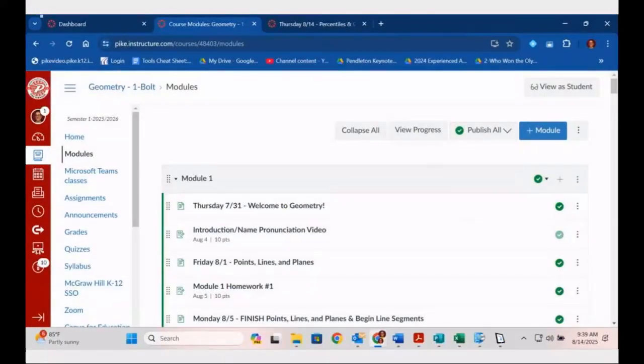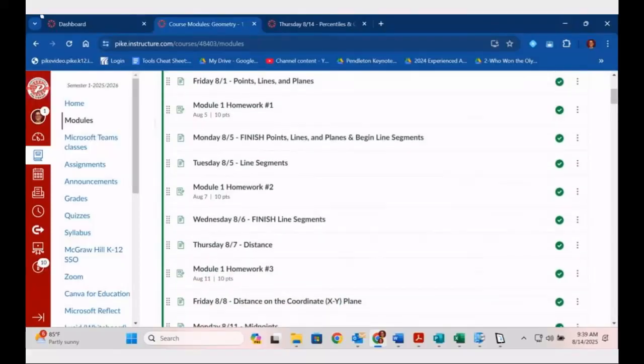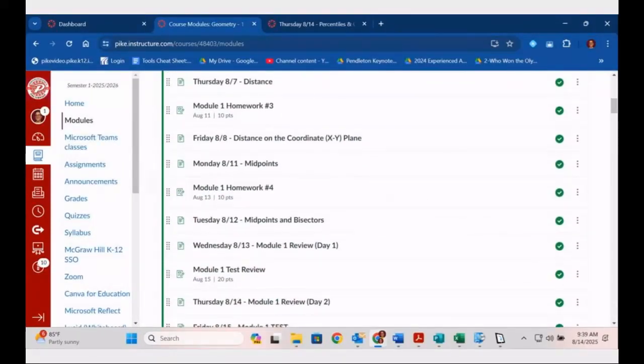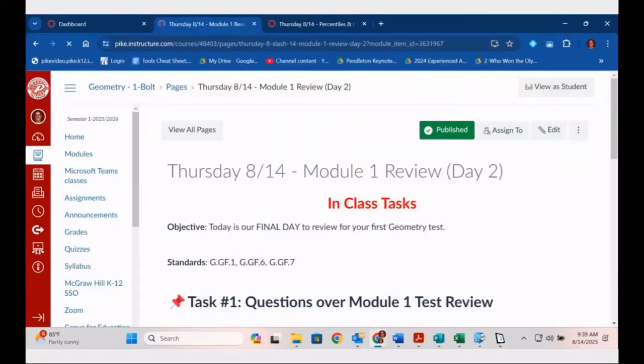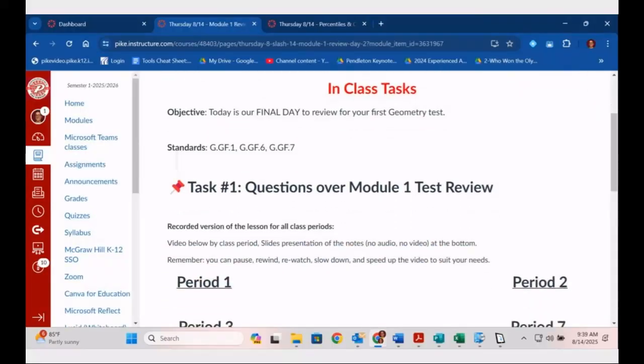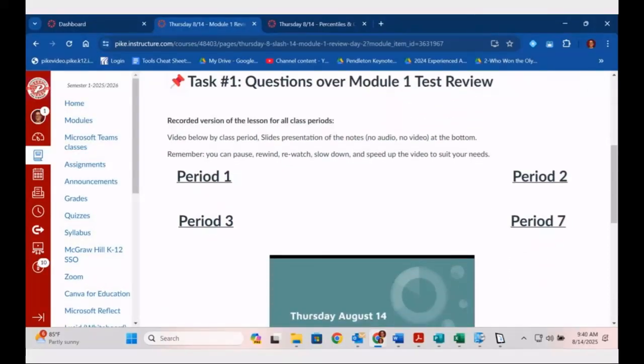You start by clicking on modules in Canvas, and then you're going to scroll down to the bottom of module 1 until you see today's day, Thursday, 8/14, module 1 review day 2. You're going to click on that. You're going to scroll down. Now, right here, after school, there will be videos posted for all 4 sections of geometry that I have for the reviews.